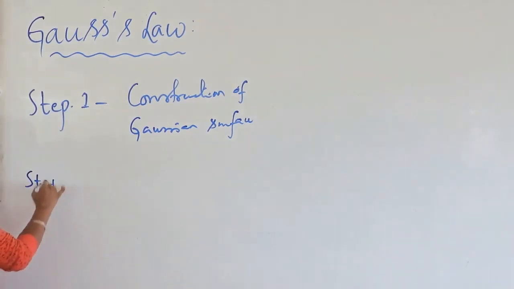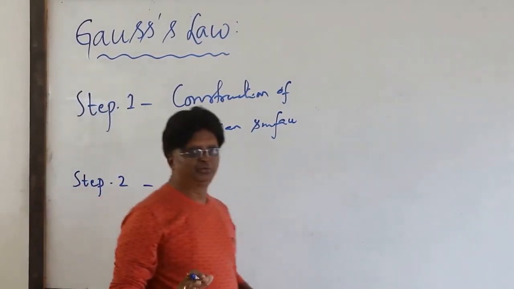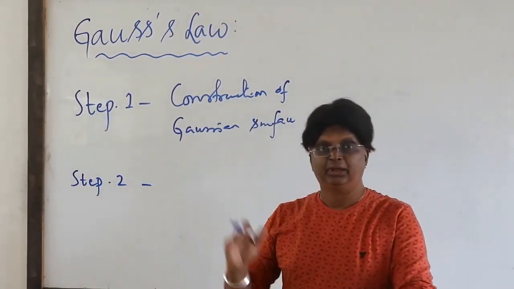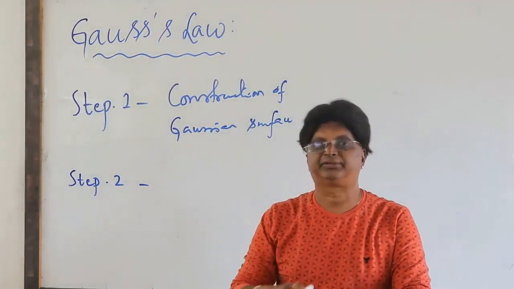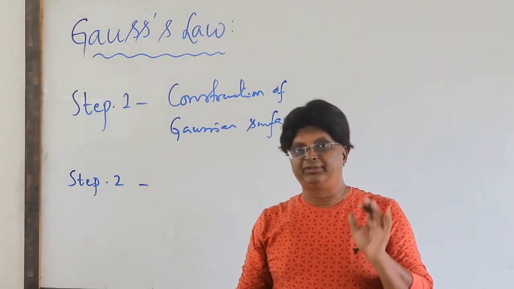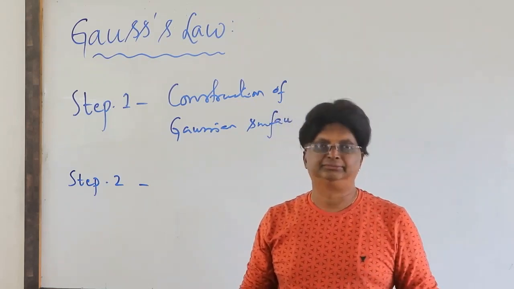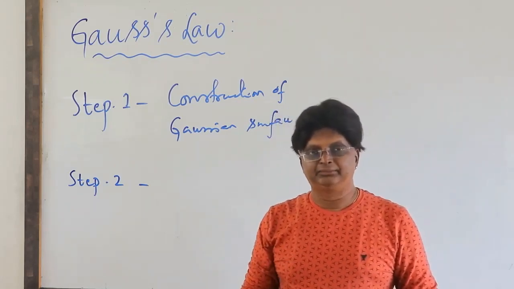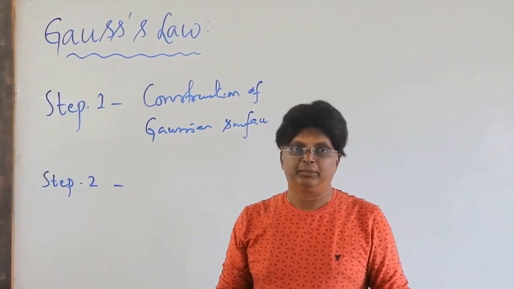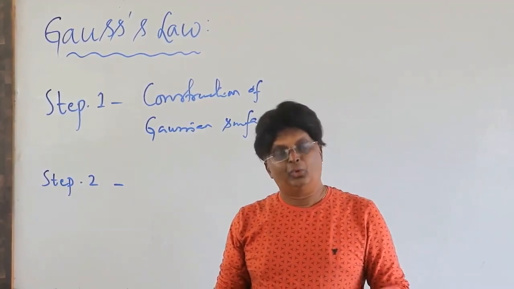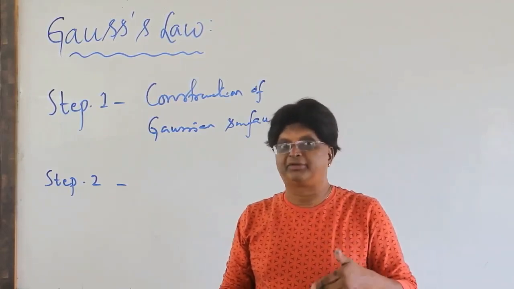Step 2, very interesting. Once we construct the Gaussian surface, you divide the Gaussian surface into a large number of small elements. Now when we consider a Gaussian surface, it may contain either only one single type of surface or multiple types of surfaces also.